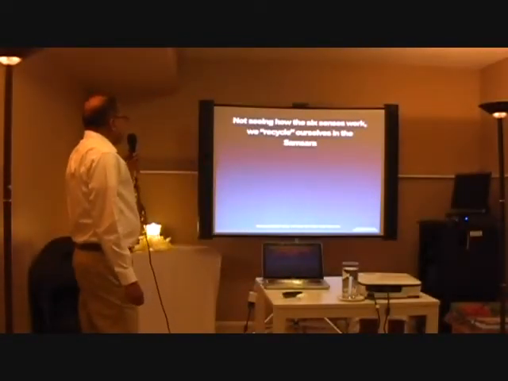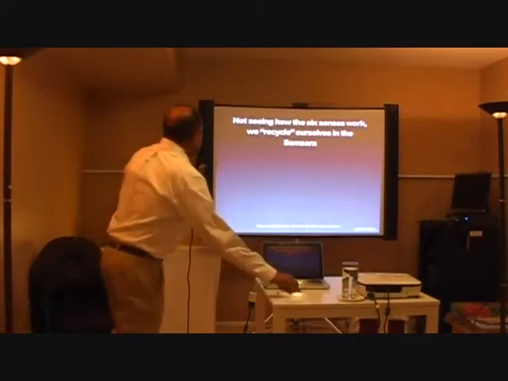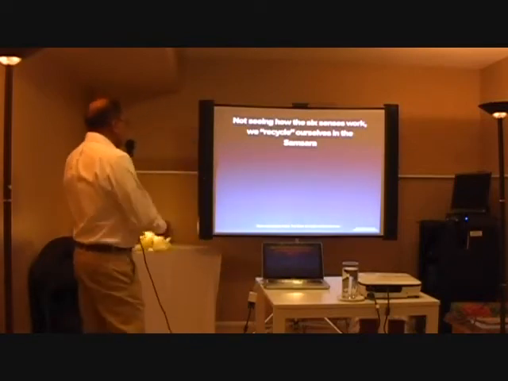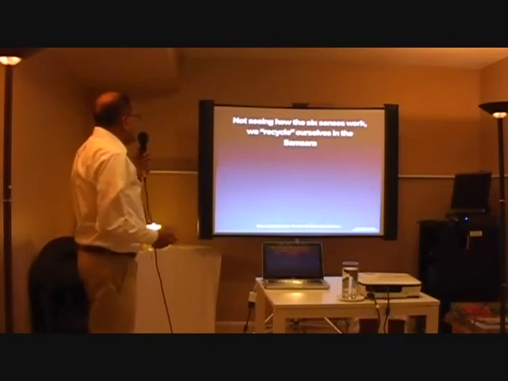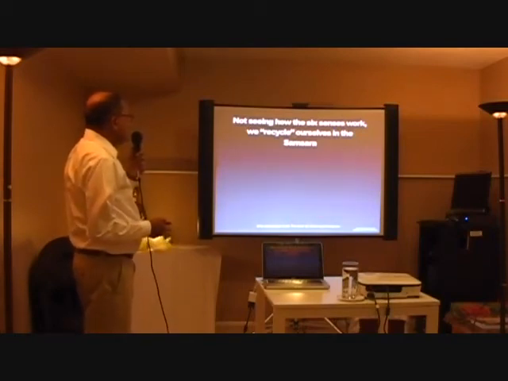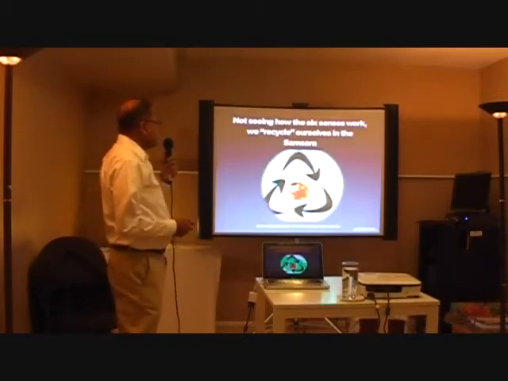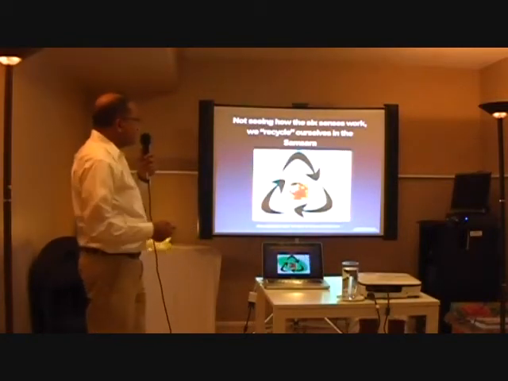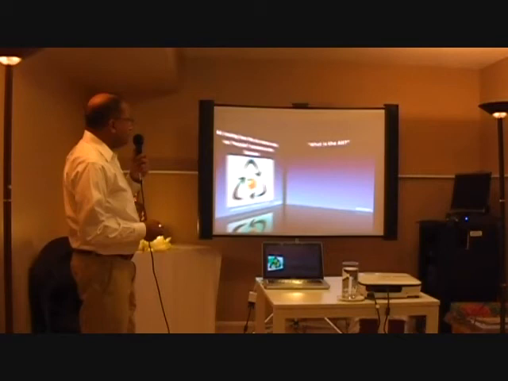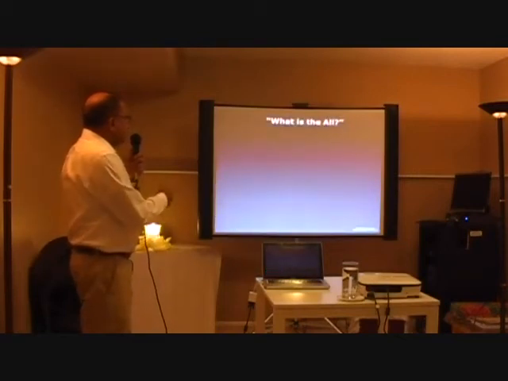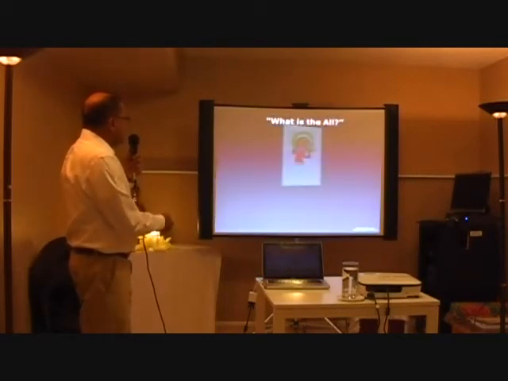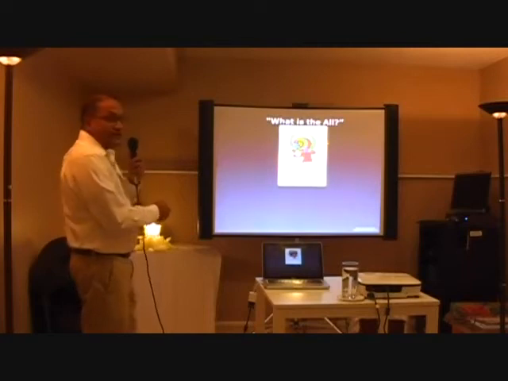Now, the Buddha said in the Maha Salayatanika Sutra that not seeing how the six senses work, we pretty much recycle ourselves in samsara. So let's examine this a bit further. In another sutra called the Sabba Sutra, the Buddha asks, what is the all?